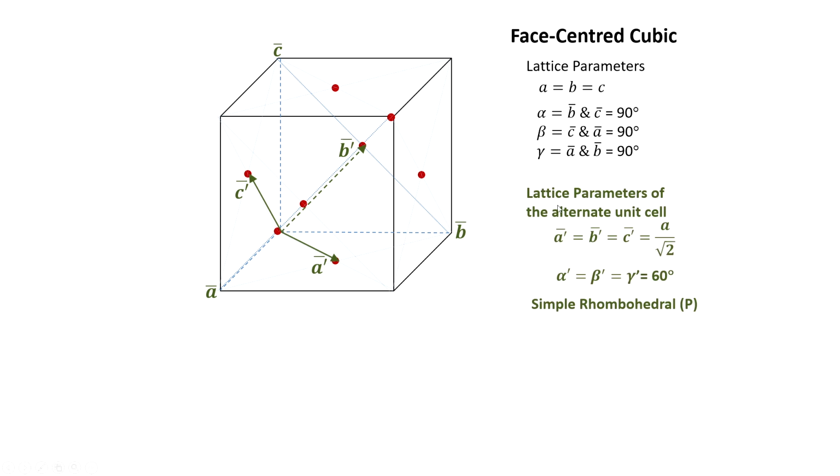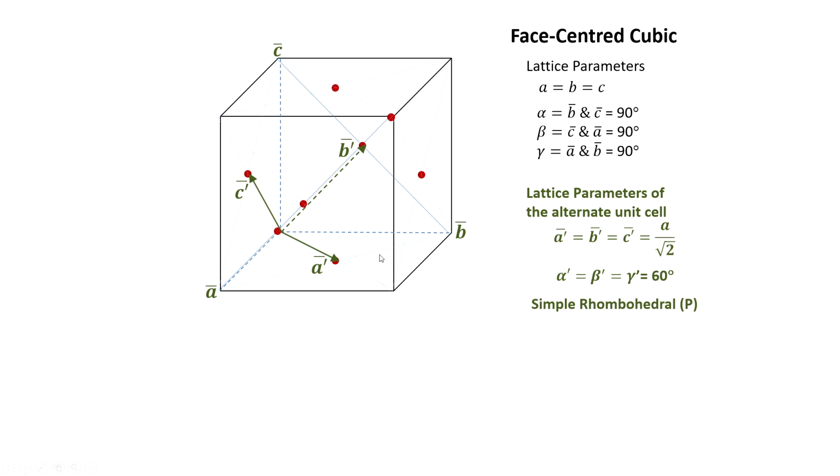So, the lattice parameter of the alternate unit cell that I get out of this is such that all 3 vectors A prime, B prime, C prime are equal, and their magnitude would be A upon root 2, where A is the lattice parameter for the original larger cell.